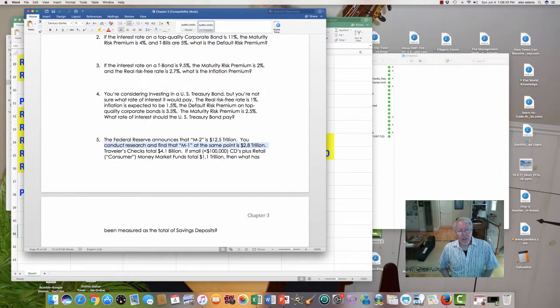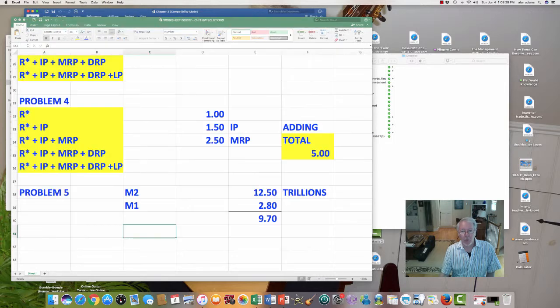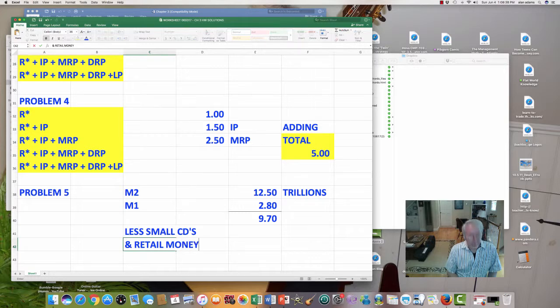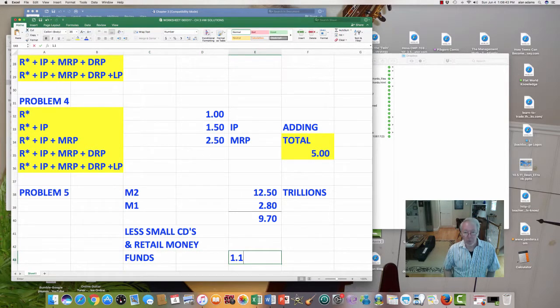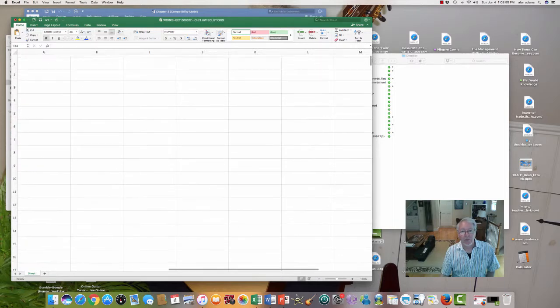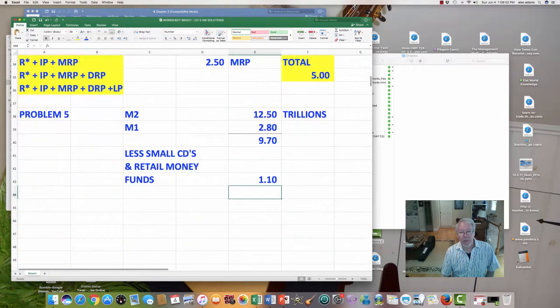Small CDs and retail money market funds. I told you that the total of both of those elements is 1.1 trillion. Less small CDs and retail money funds, that's 1.1 trillion. Let's do another subtotal. Hang on, I lost my place there.